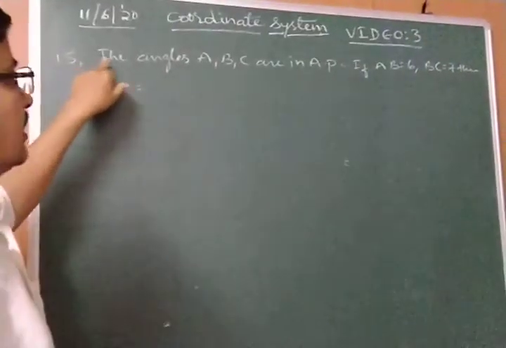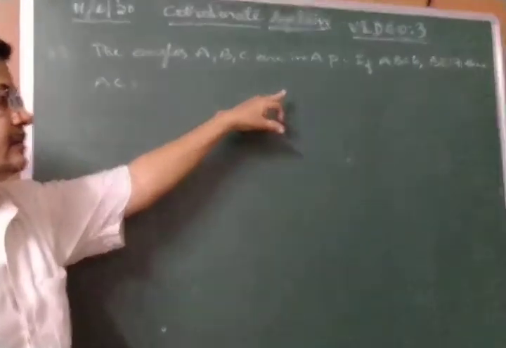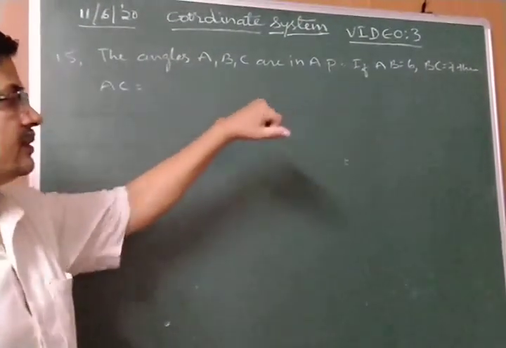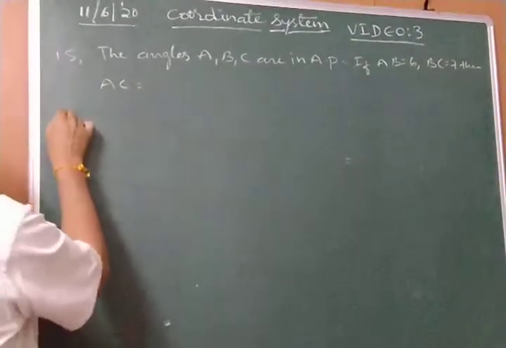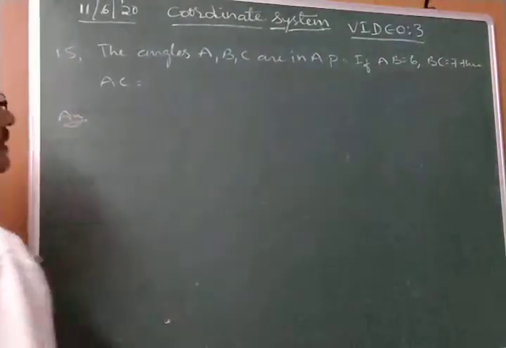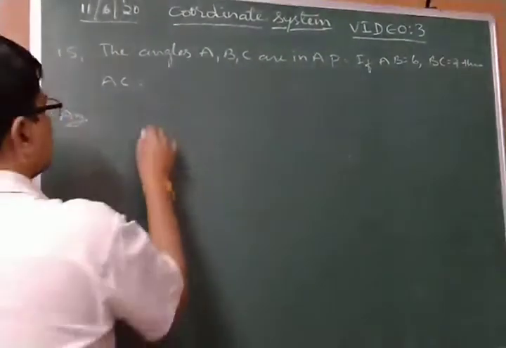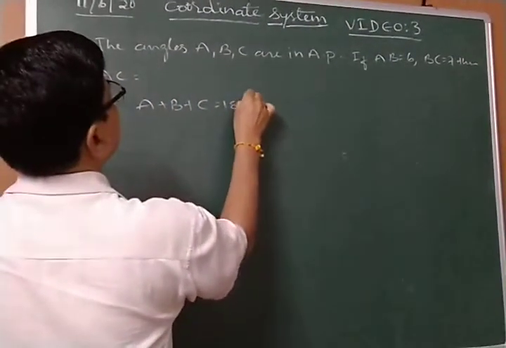15. The angles A, B, C are in AP. If AB is equal to 6, BC is equal to 7, then AC is equal to... We know that the sum of the angles in a triangle is 180 degrees, that is A plus B plus C is equal to 180 degrees.